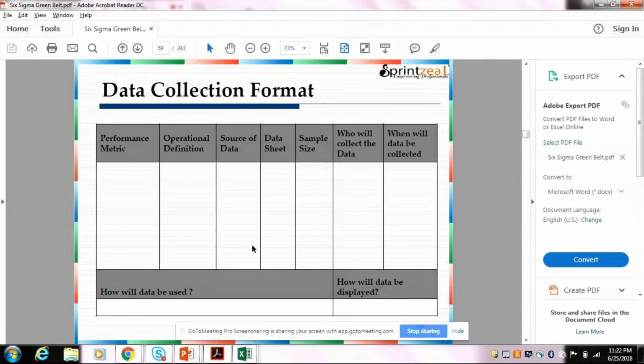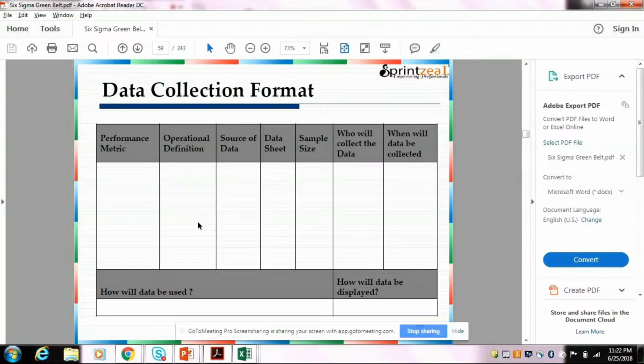There are a few fields missing, so you can mention what data type we have. And when we go further in the analyze phase, there we can put all the related conditions to project Y. These are all the factors that you think will impact the project Y. For example, you said the hold time or the wrap-up time is impacting the average handling time, right?